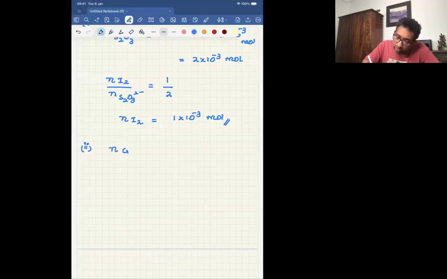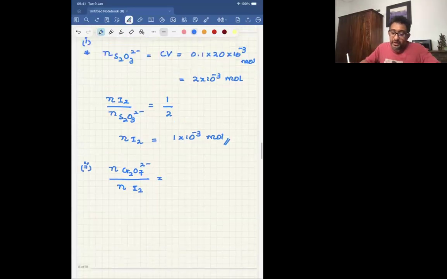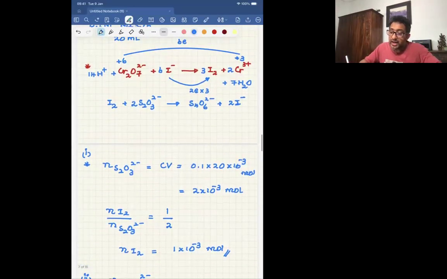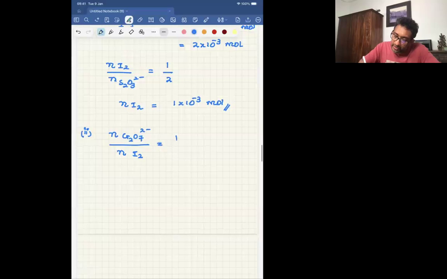Number of moles of dichromate, Cr2O7 2 minus, divided by number of moles of iodine. Dichromate to iodine, dichromate is 1, iodine is 3. So the number of moles of dichromate is equal to the number of moles of iodine divided by 3, which is 1 times 10 to the power minus 3 divided by 3.